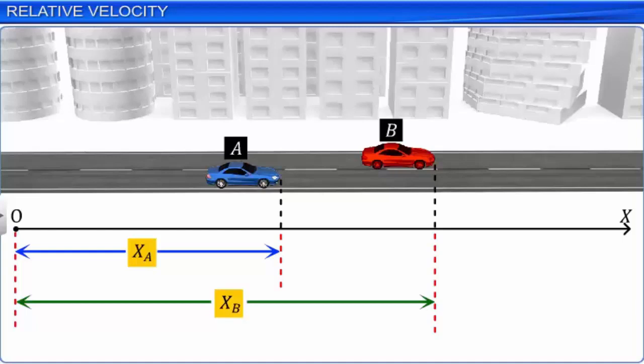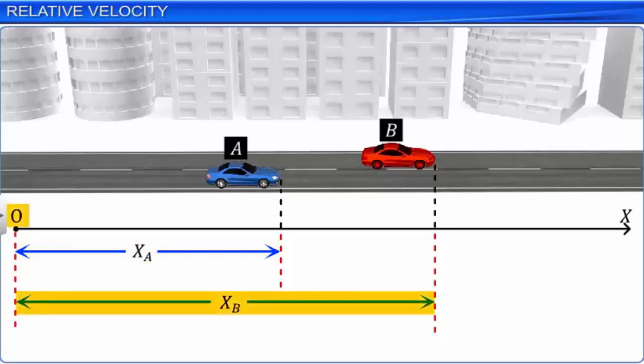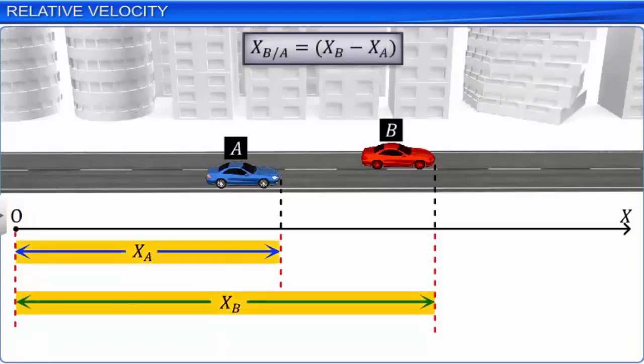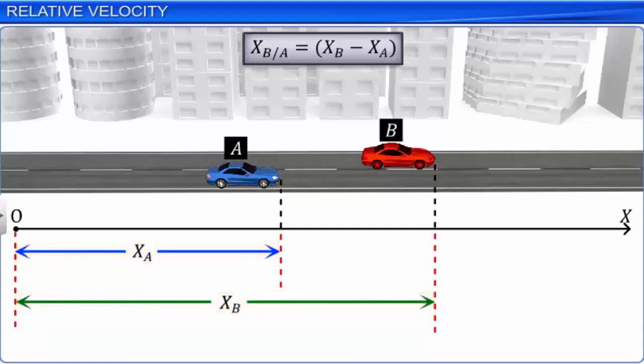This implies that A is at a distance xA with respect to origin O, and B is at a distance xB with respect to the same origin O. The distance is measured with respect to the fixed point O, which is the origin. xB minus xA is the relative position coordinate of B with respect to A and is denoted by xB/A. When both A and B are moving, we take the distance at a particular instant.